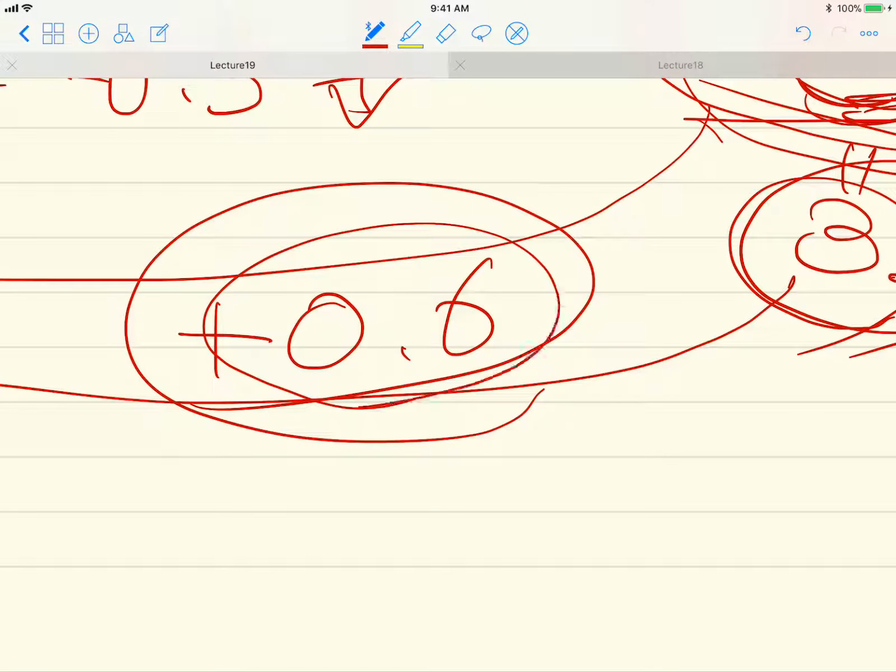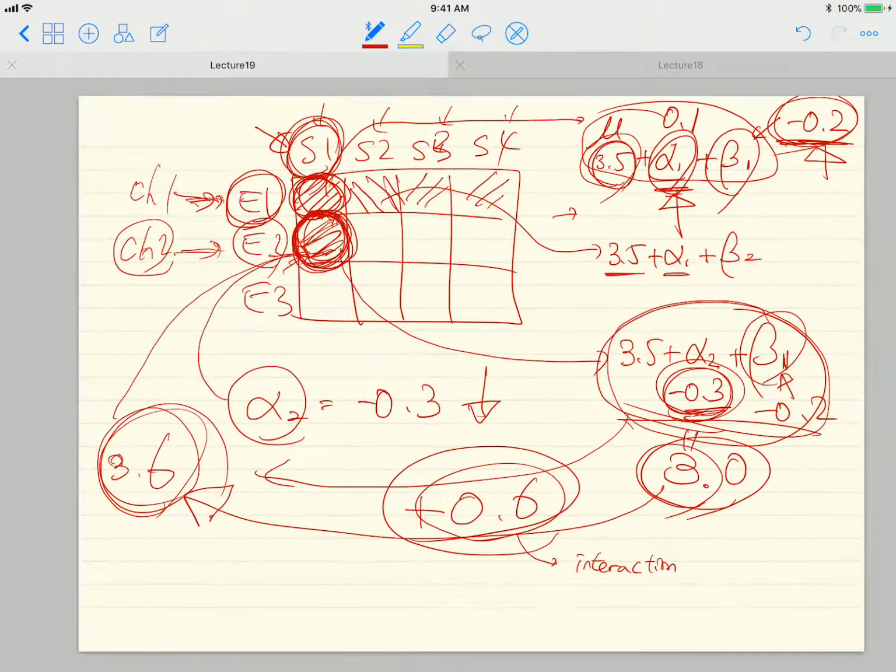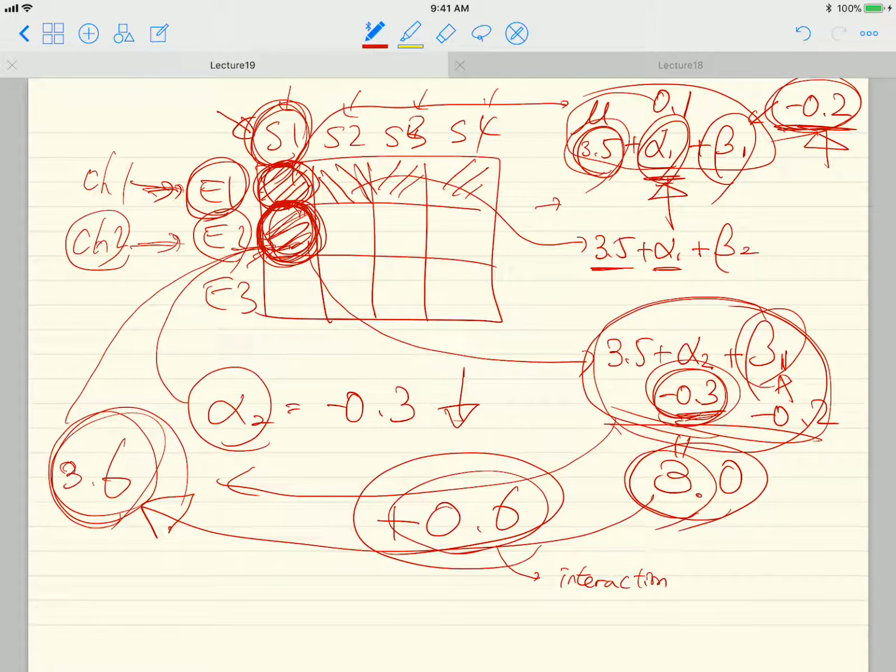This effect is called interaction, the interaction between the first student and the second exam. That corresponds to some measure that is not explained by our model of this form. So that is two-way ANOVA with interaction.